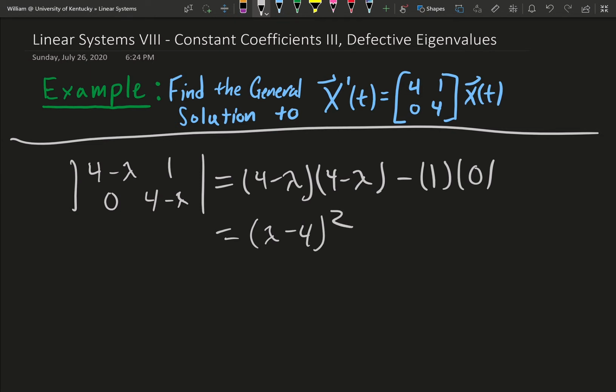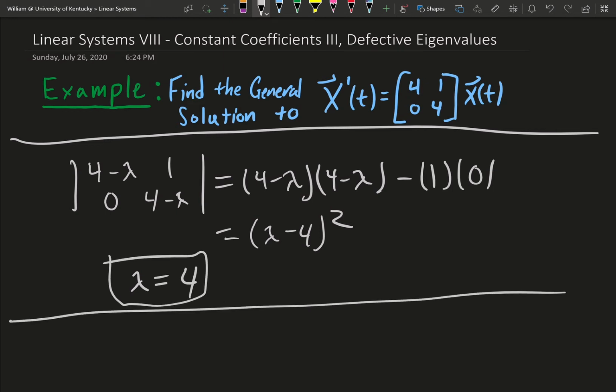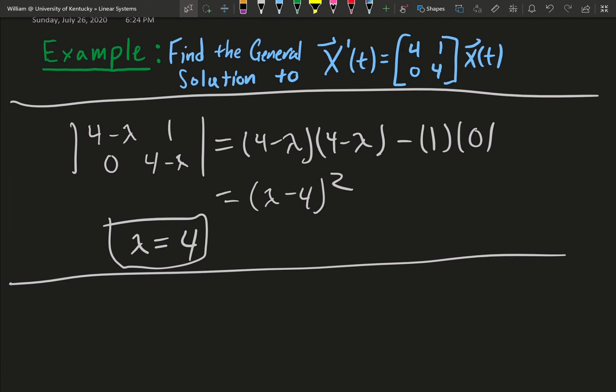So we get our characteristic polynomial of just (lambda minus 4) squared. Well, we got one eigenvalue of 4. A lot of times we got 2. This time we got 1. Nothing is necessarily wrong yet, but let's continue.